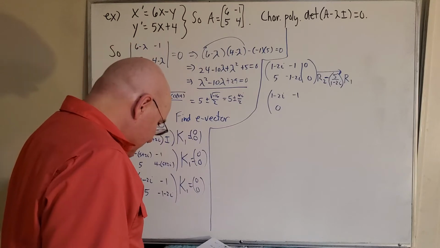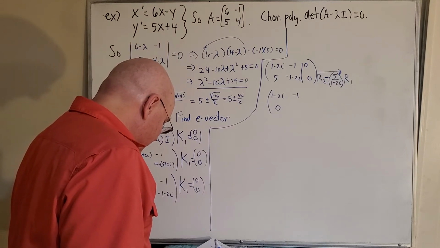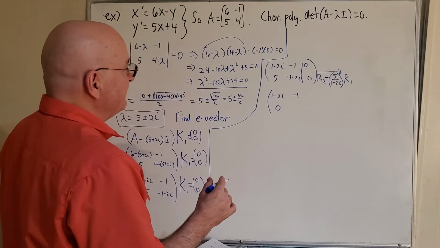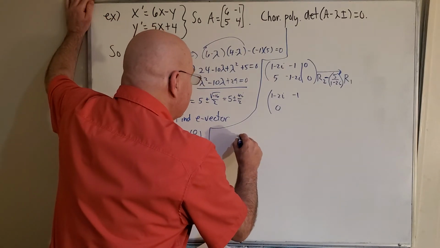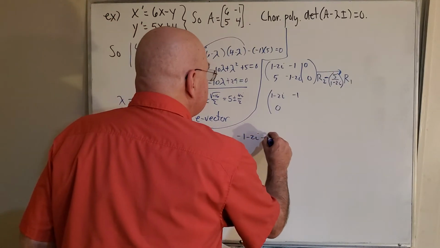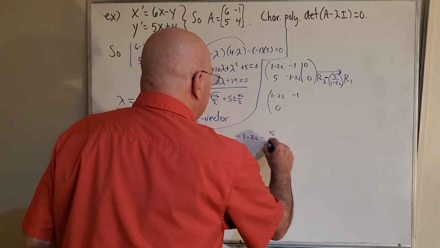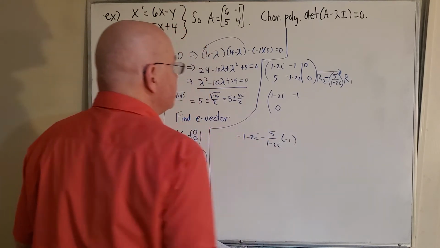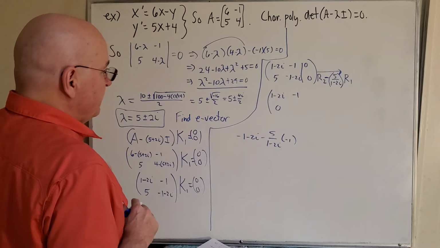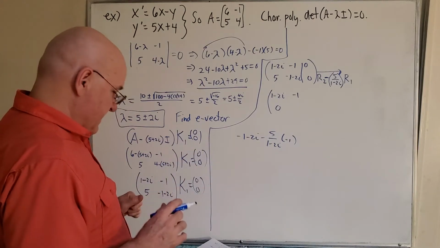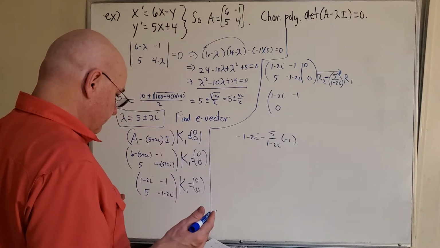And for the next one, I'm going to write it down. Actually, I'm going to do a negative 1 minus 2i minus 5 over 1 minus 2i times negative 1. Well, this is all going to simplify to be a 0.